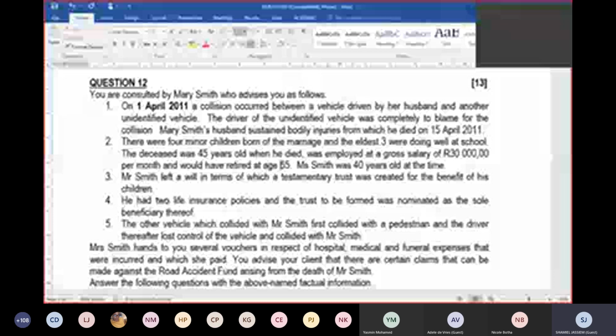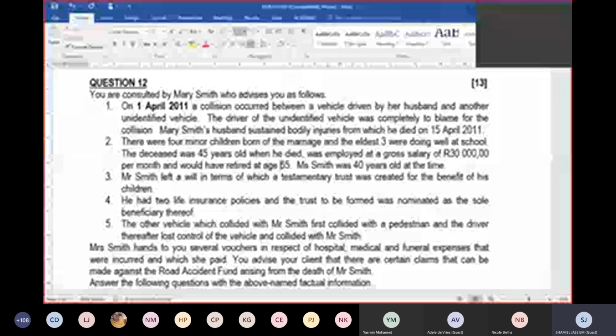Ms. Smith was 40 at the time. Mr. Smith left a will in terms of which a testamentary trust was created for the benefit of his children. He had 2 life insurance policies, and the trust to be formed was nominated as the sole beneficiary thereof.